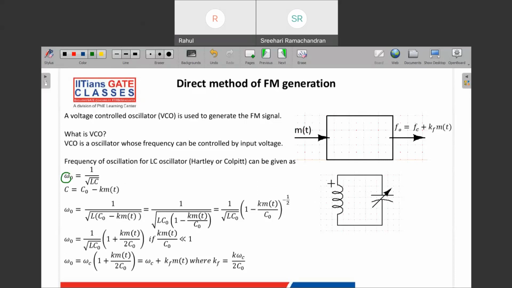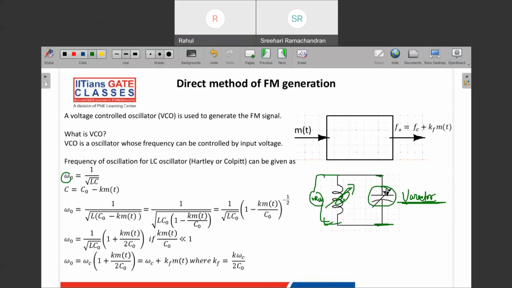Now let's say L is a fixed value, but the capacitor is a varactor. You will see this varactor term in devices. A varactor is a capacitor whose capacitance changes based on the voltage applied across it. So we apply the message, which is a voltage, across this capacitor.